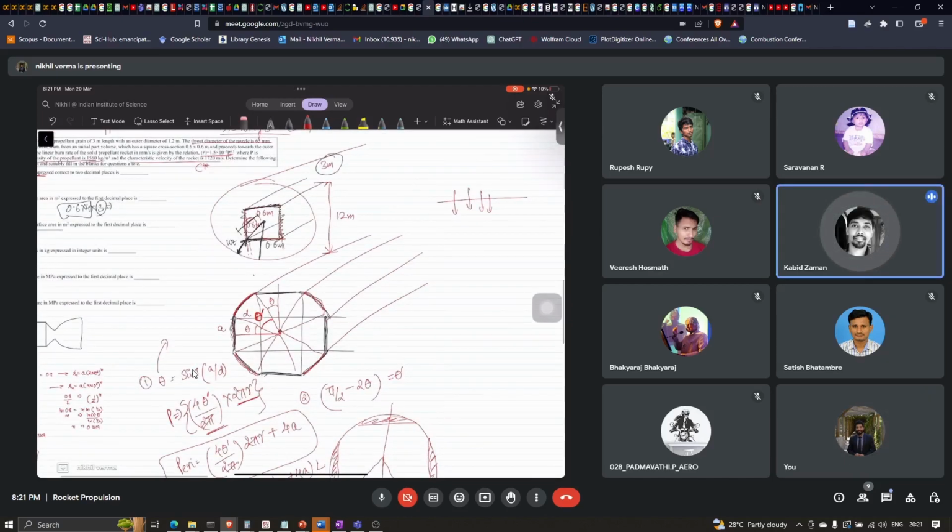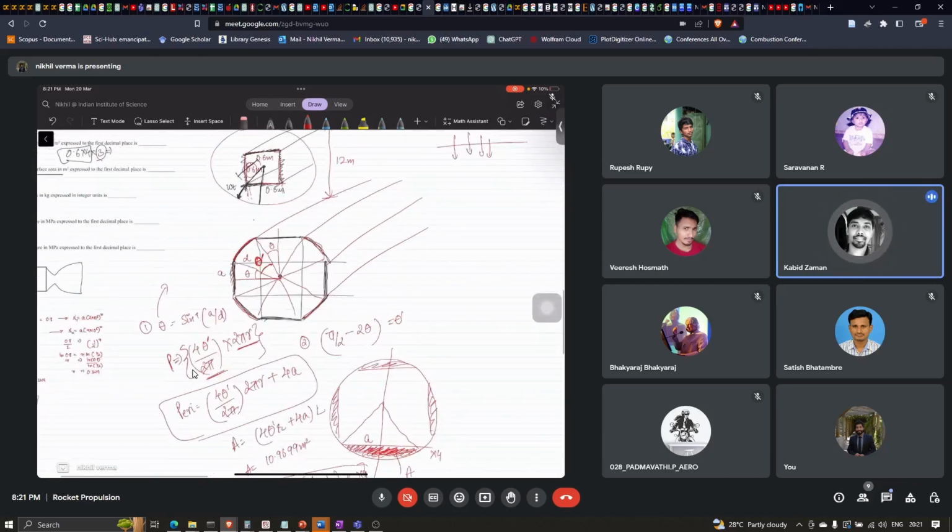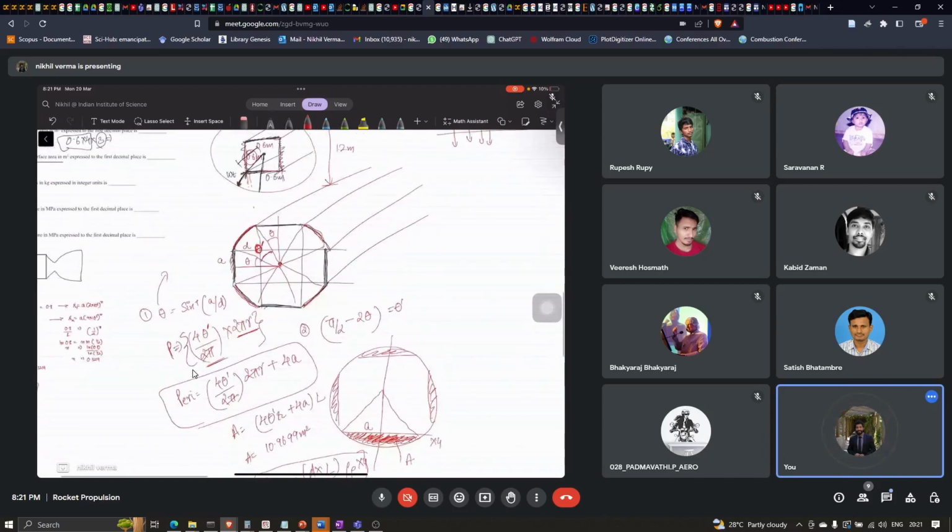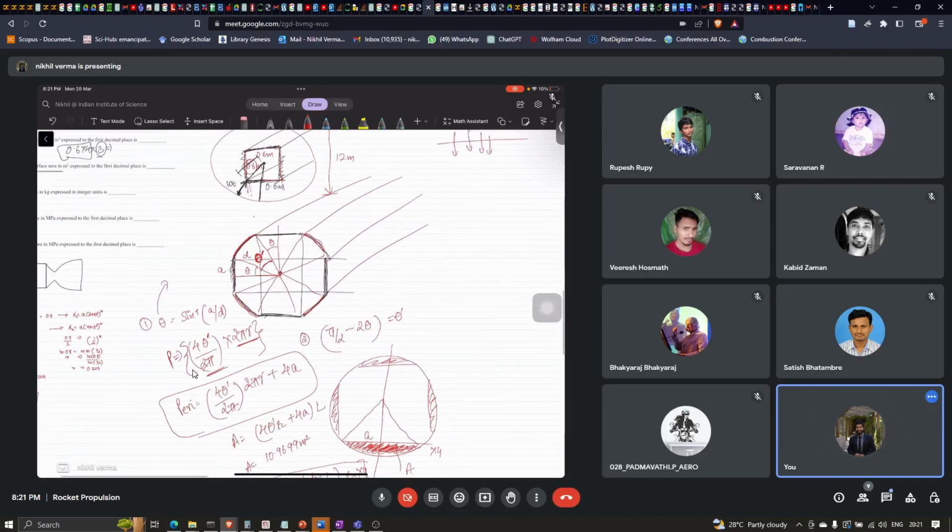So the initial square's edge will remain the same until the last point. Okay. So you understood, right? This part is clear, right?